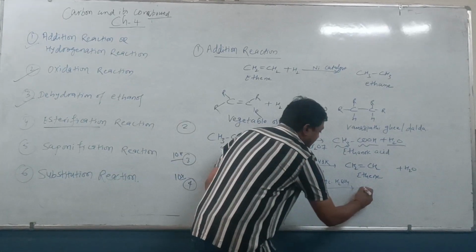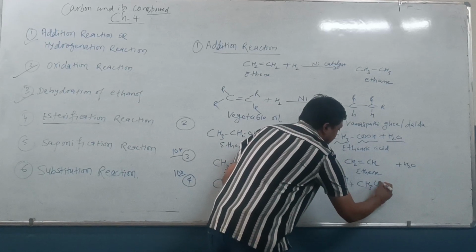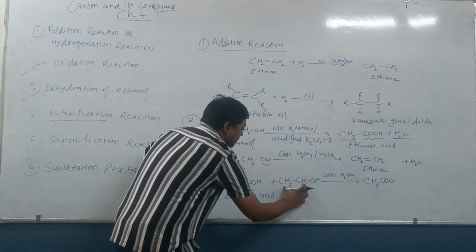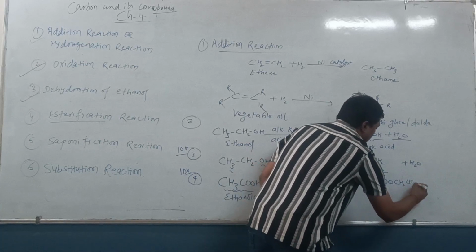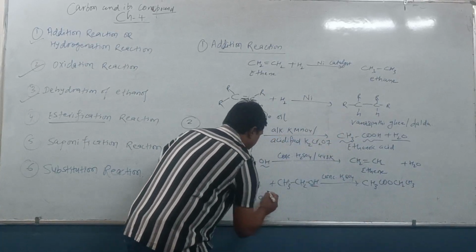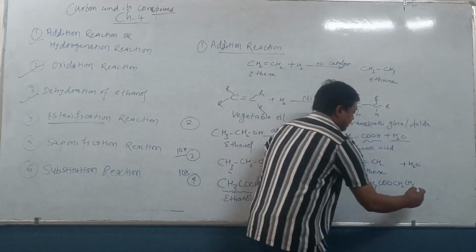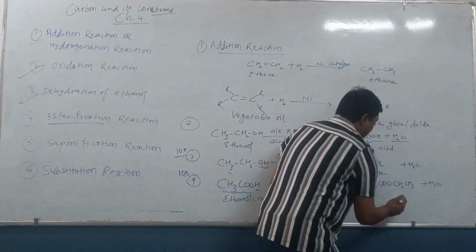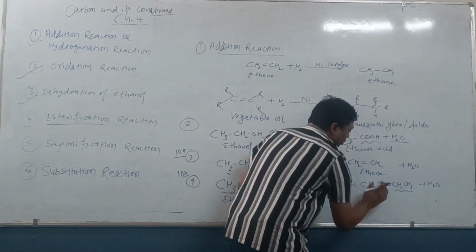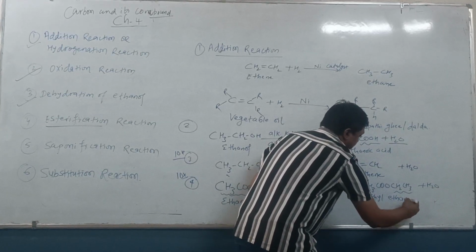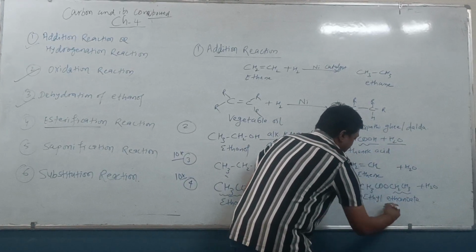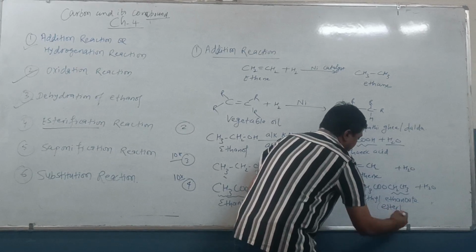You write CH3COO as it is. Now CH2CH3 reverse and write, CH2CH3. See what is formed, children? O is from here and H from here will form water. Ethyl ethanoate. This is called ester. It is a fruity smelling compound, children.